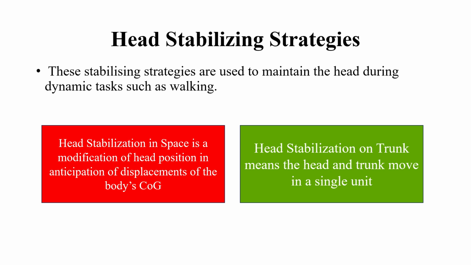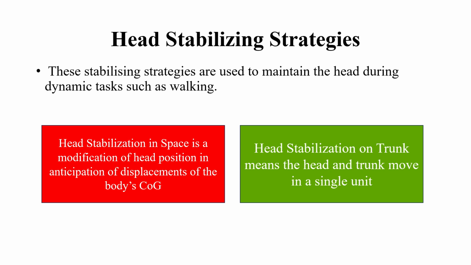So these are basically done during the dynamic tasks such as walking, where the head is stabilized over the body, basically of two types, which are head stabilization in space, which is a modification of head position in anticipation that there may be some displacements in the body's center of gravity due to external forces or internally generated forces. And the other one is head stabilization on the trunk, meaning the head and trunk move in a single unit, like a single structure.